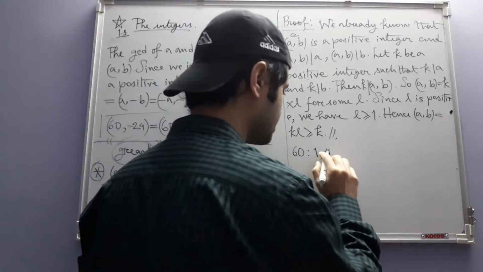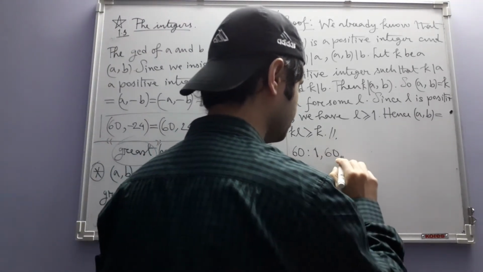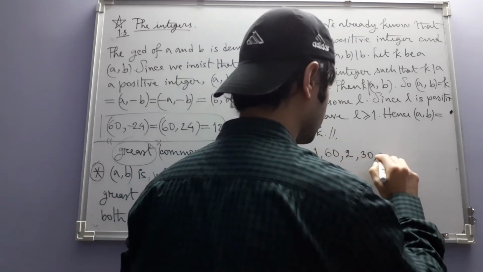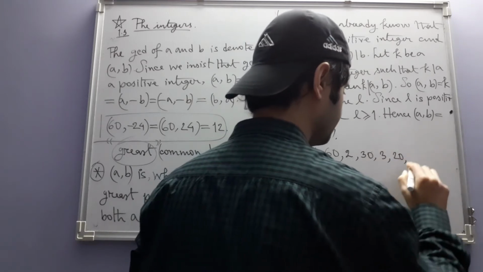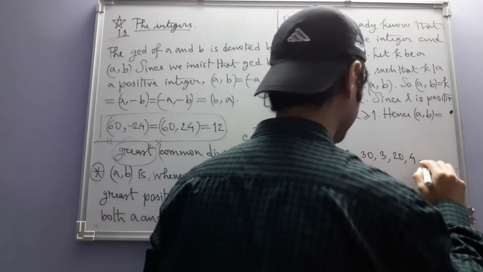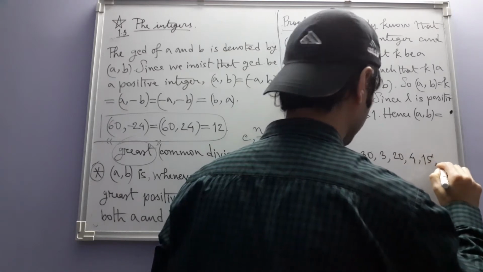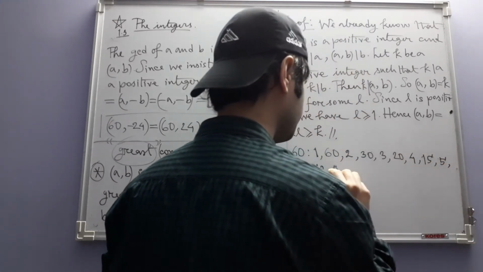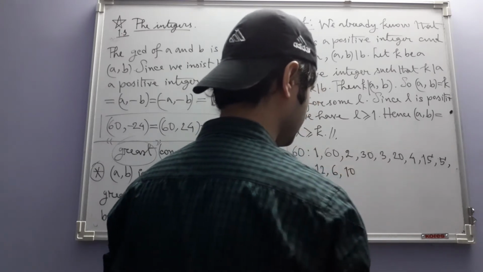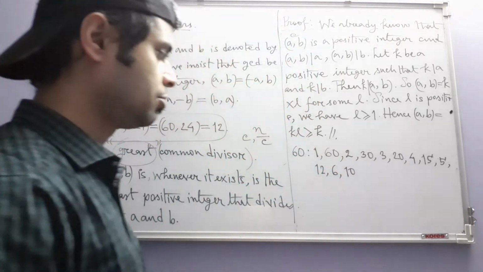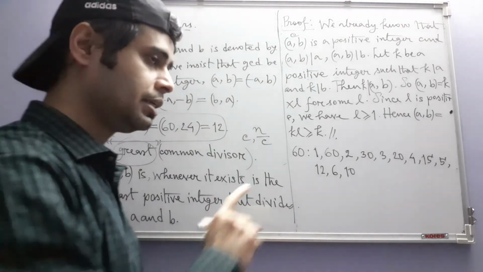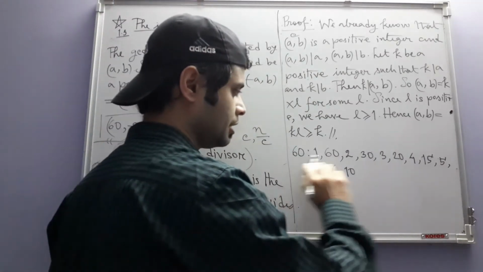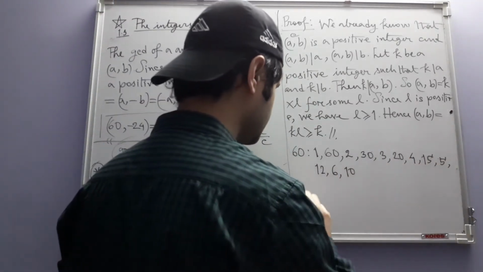If 1 is a divisor, then 60 is also a divisor. 2 is a divisor, then 30. For 3 we get 20. For 4 we get 15. For 5 we get 12. For 6 we get 10. 7, 8, 9 don't divide 60. Then 10 divides 60 and the thing repeats. So these are the positive divisors of 60.